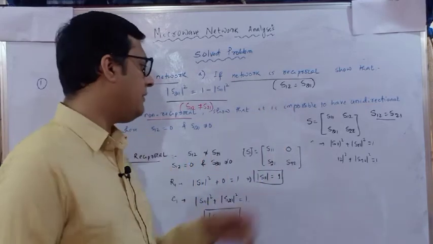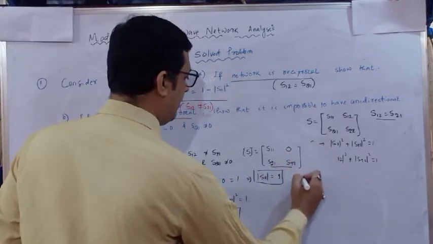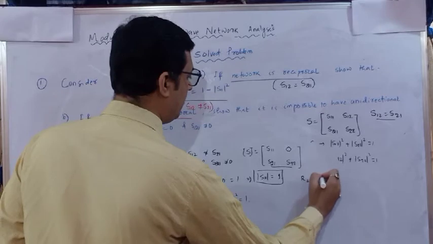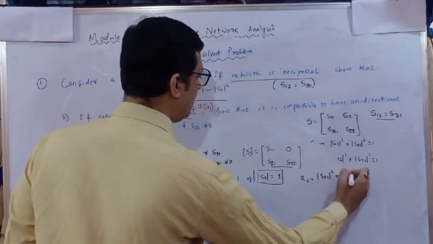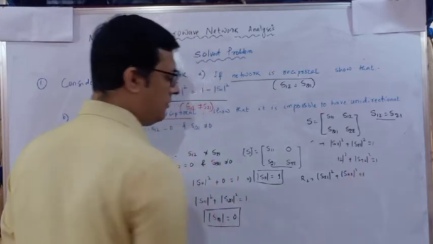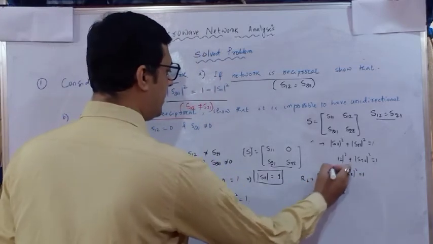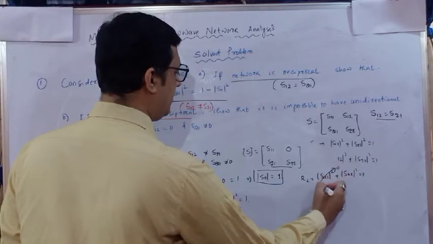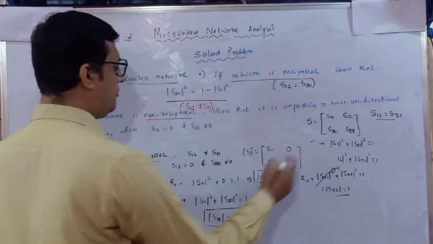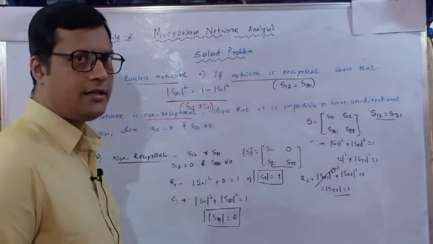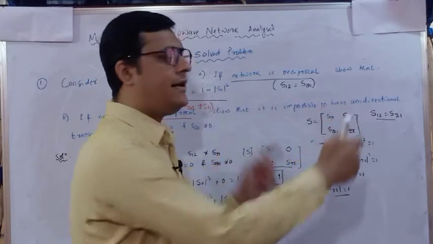Now for column 2, mod S21 whole square plus S22 whole square is equal to 1. As we have identified S21 is 0, I can suppress this value and we get S22 is 1. So S22 is 1 and S11 is 1. That means from both sides of the two-port network we are providing the power.